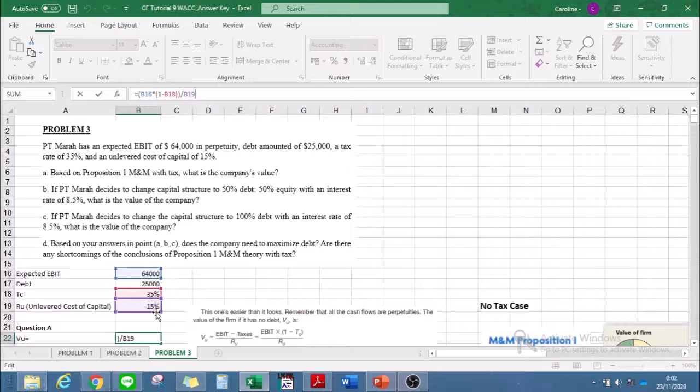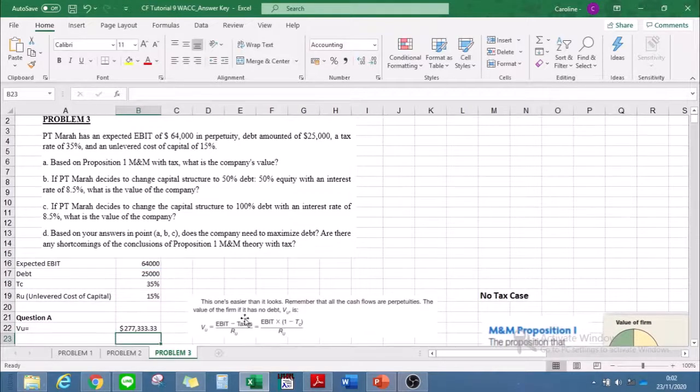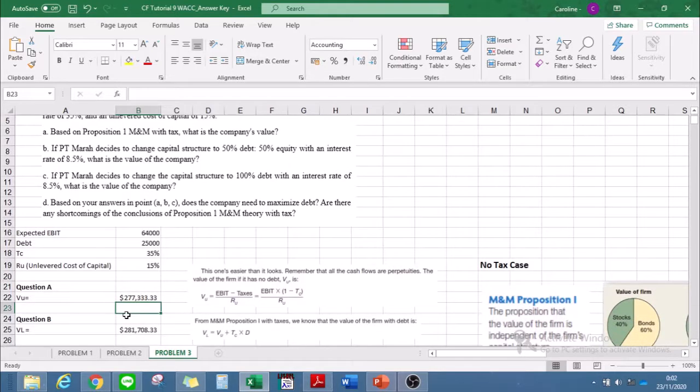This is basically the formula of finding the present value of a perpetuity, but instead of the usual number, we calculate with the EBIT multiplied by 1 minus TC, and you find that the value of the unlevered firm is $277,333.